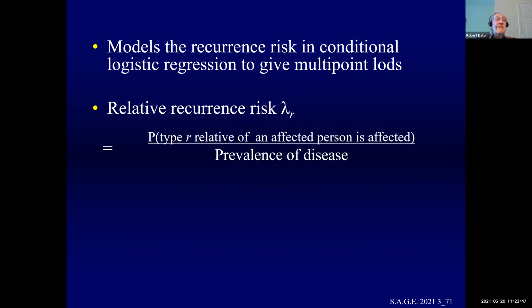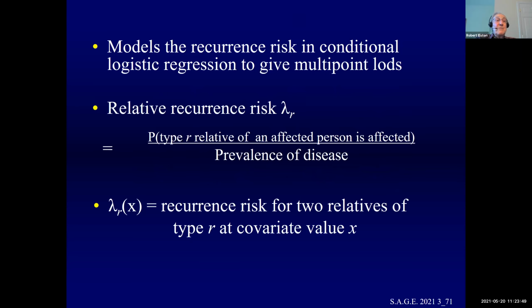So it's the recurrence risk, and it's relative because you divide by the prevalence of the disease. And if we make it a function of X, it's the recurrence risk for two relatives of type R at a covariate value X. And this is one of the main things about this model, you can do it at a covariate value.